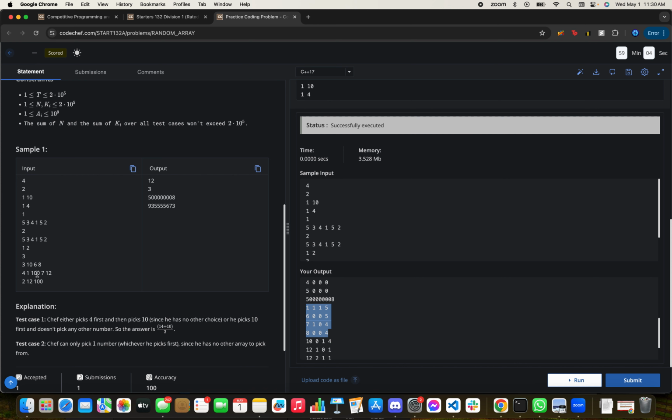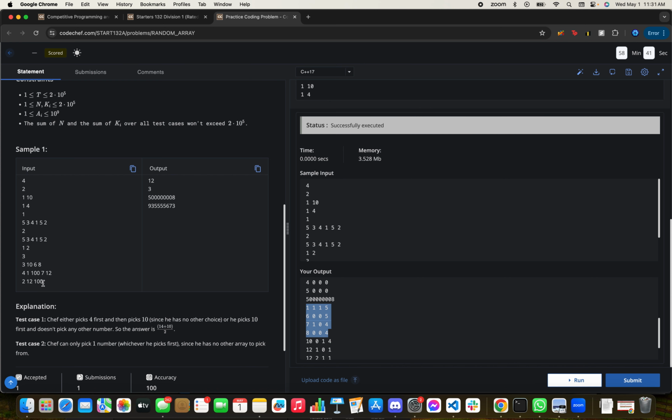So the 1 here can reach 1, 2, 3, 4, 5. Yes? The 6 here can reach 1, 2, 3, 4, 5, 6. Wait, what? 1, 2, 3, 4, 5. Okay, that's correct.